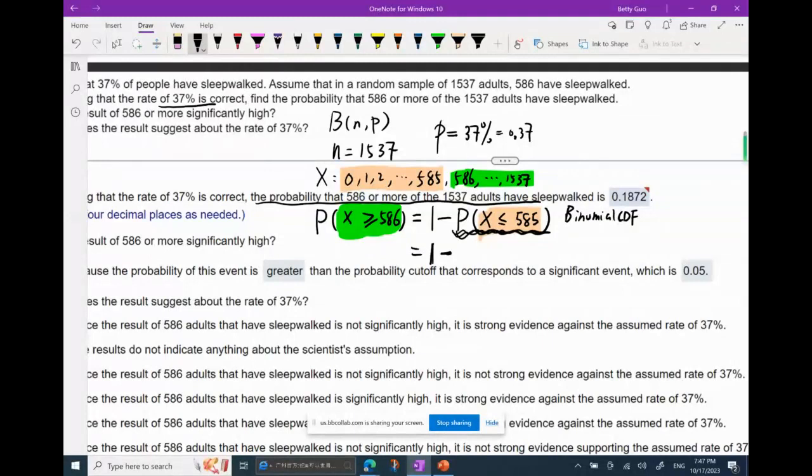You might remember we also have a binomial PDF, but in this case we do not use a PDF, we use a CDF. CDF takes care of the probability of X being no more than a value, accumulating from the left, from 0. Always from the left.